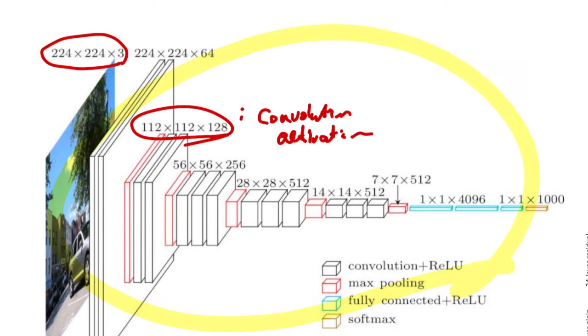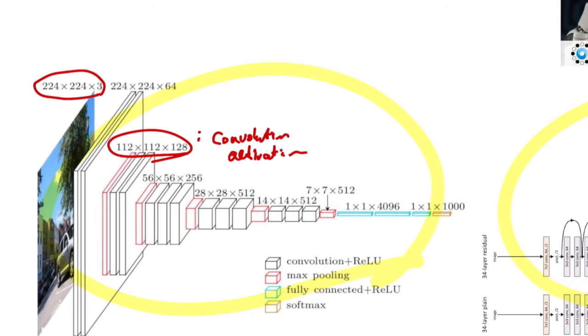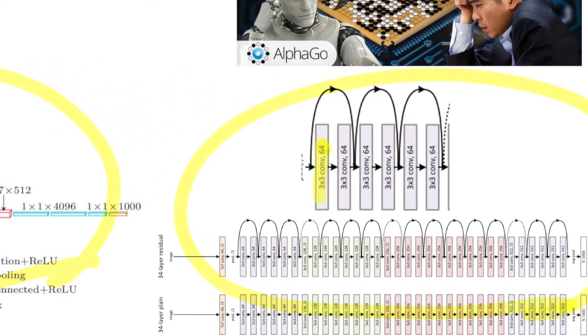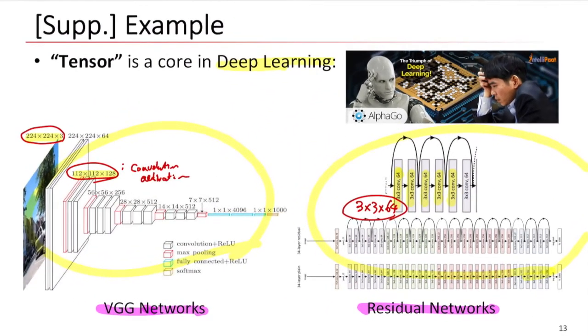But you don't need to remember this. Anyway, in a deep neural network, most components consist of tensor representations like this. As you can see in another example, there is a tensor representation like a 3 by 3 by 64 tensor. So linear algebra is just the starting point and a fundamental subject to become an expert in artificial intelligence. So that's why we are here now.